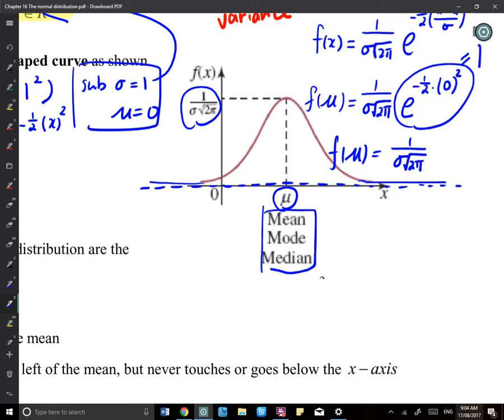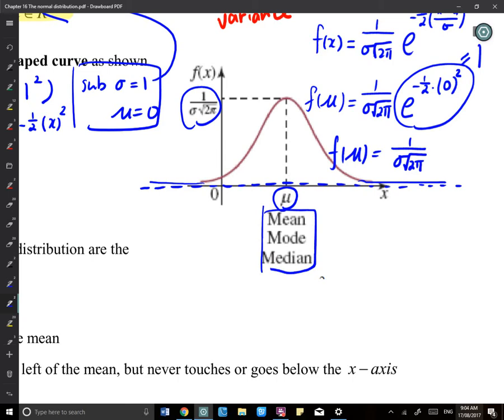And I was telling you that mu is the mean, so it's 3 things all at 1 value. This is the special thing about the normal distribution: mean, mode, and median are the same thing.